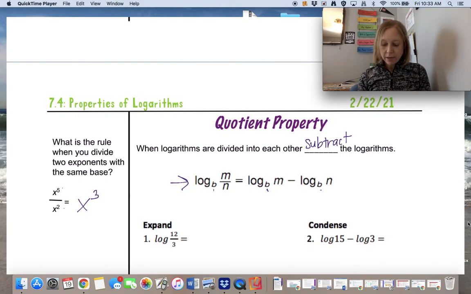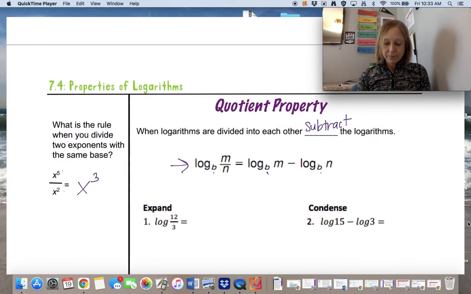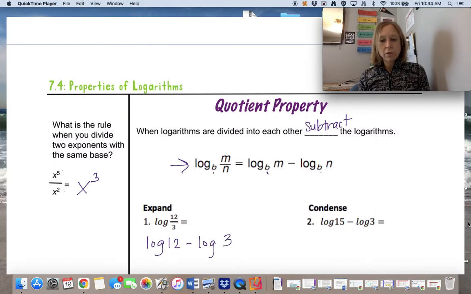Okay, let's try expanding the one that we see here. The log base 10, so I don't have to write that, of 12 divided by 3 is equal to the log of 12 minus the log of 3. So we can take that division statement and turn it into a subtraction one. All right, let's go to the other side and practice condensing.